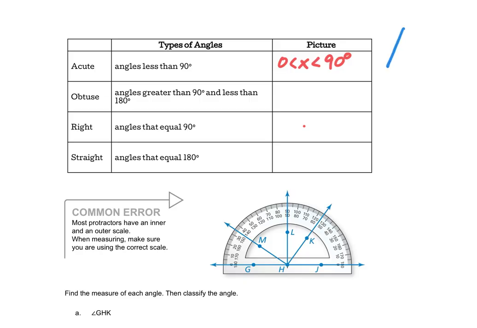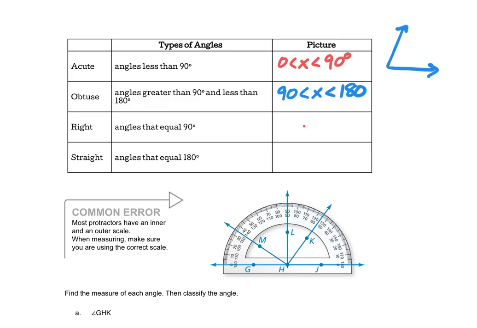What that's going to look like would be something like that. A right angle is going to be straight up and down. This is going to be a little bit less than that. An obtuse angle is any angle bigger than 90, but less than 180.